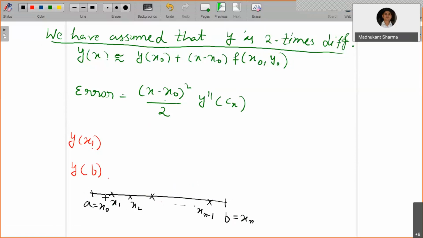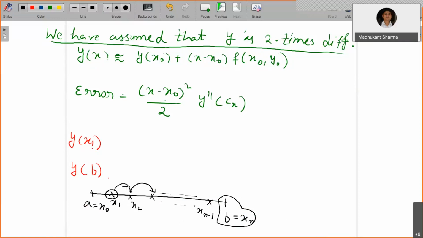Then you take the approximation at x1, use this approximation to get the approximation of y at x2, then use this approximated value to get y at x3, and so on. And then you will find the value of y at b, so that the error will be less. Now, what it suggests is you should choose x1 closer to x0.